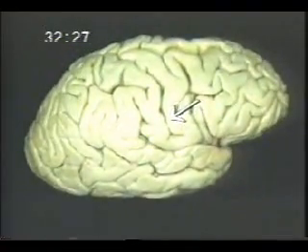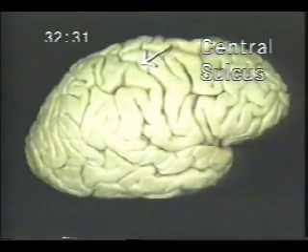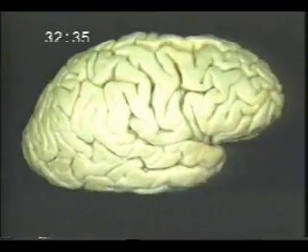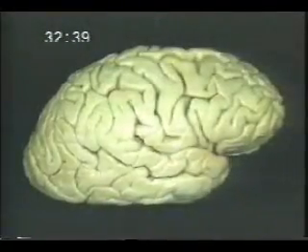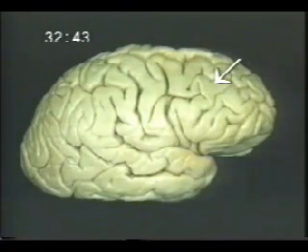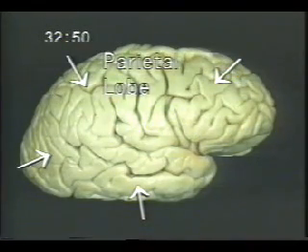This long sulcus running upwards and backwards is the central sulcus. It's the only one that runs all the way to the medial surface of the hemisphere. The cerebral hemisphere is described as consisting of four lobes: the frontal, temporal, and occipital lobes that we've mentioned already, and the parietal lobe.